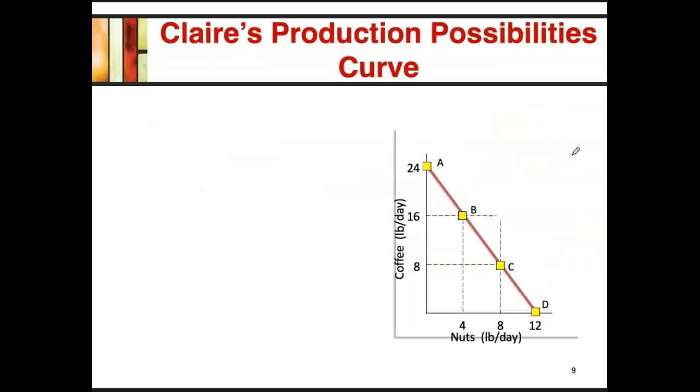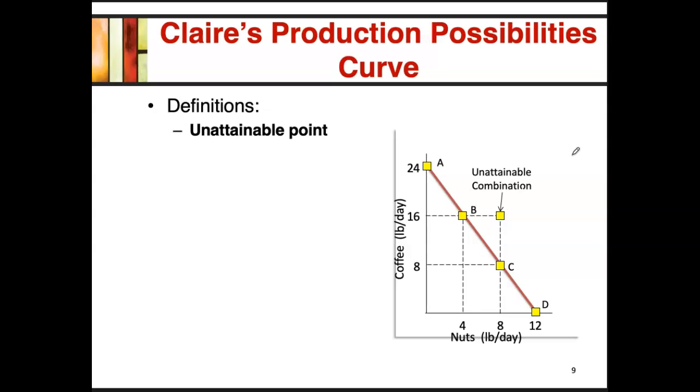Now going back to Claire's production possibilities curve, we can use that to see a few properties of the production possibilities curve. So we have the unattainable point. The unattainable combination is any point that is outside the production possibilities curve, any point beyond the curve line.